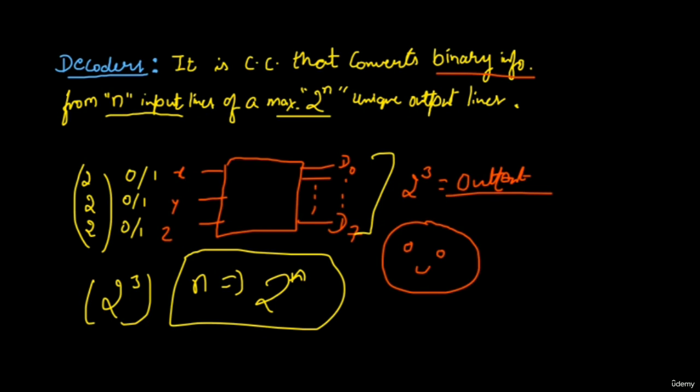Okay, so let me present you with the truth table of the 3-bit binary to decimal decoder. Let's make a table of the 3-bit binary to decimal decoder.